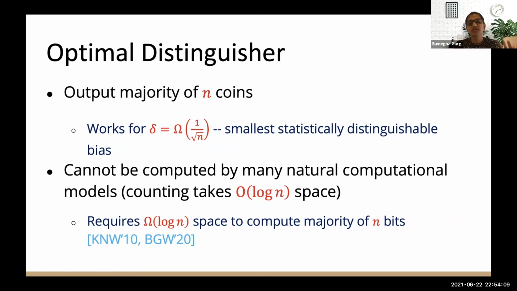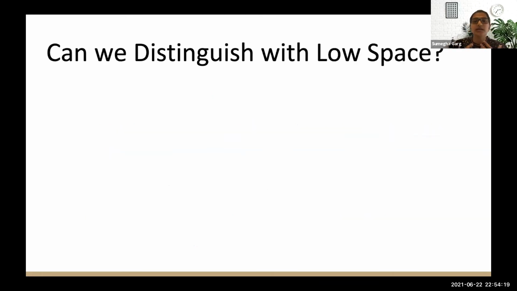Previous works have shown that this much space is actually necessary to compute majority of n bits in a stream. A natural question to ask is, can we distinguish between these two streams with lower space?